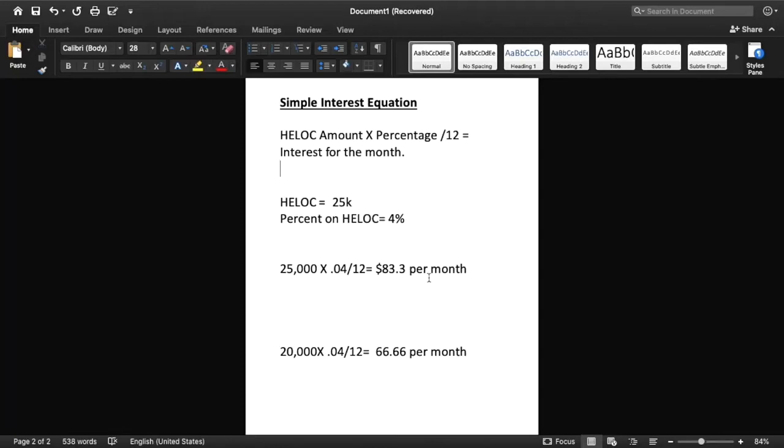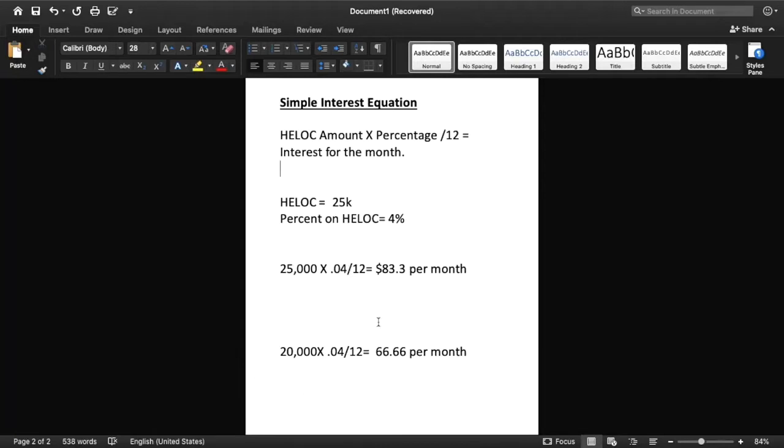And that's if we use the whole HELOC and we did not dump our income into the HELOC. That's just to say that for the whole month we borrowed $25,000 and we never replenished. If we put in, let's say, $5,000, then the calculation would go down because you have less that you owe.